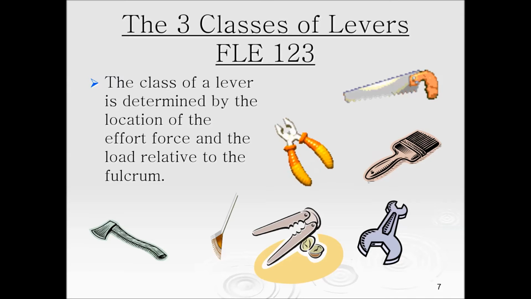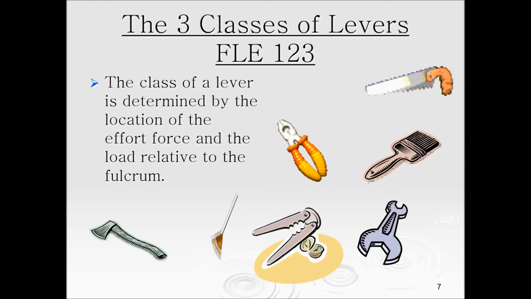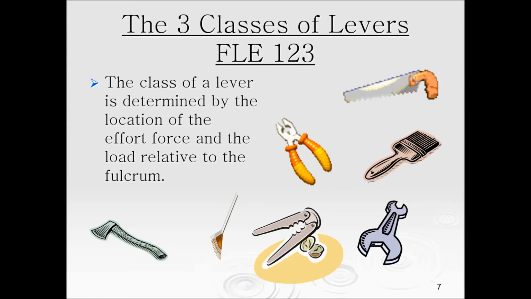So we're going to see that the class of the lever is determined by what's in the center and what's on the edges of that. So F is going to stand for fulcrum, load is the L, effort is the E, and 1, 2, and 3 are our different classes.